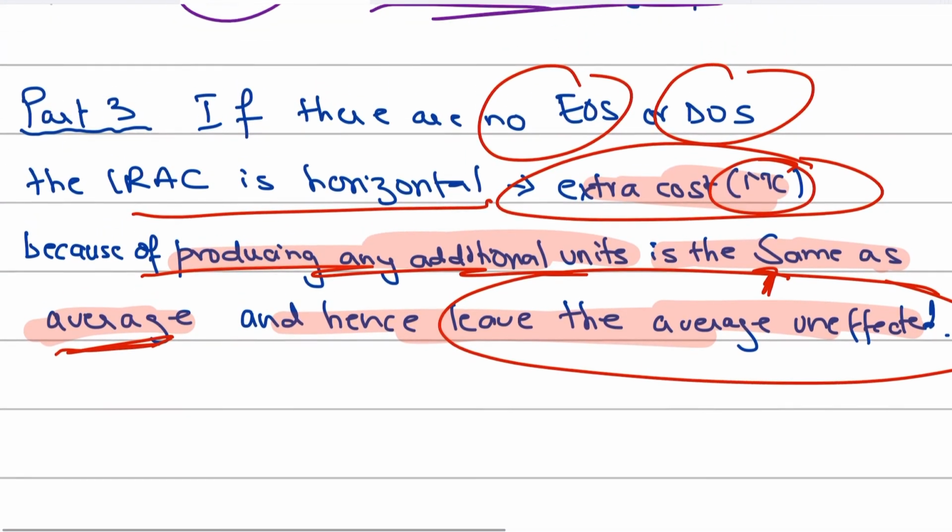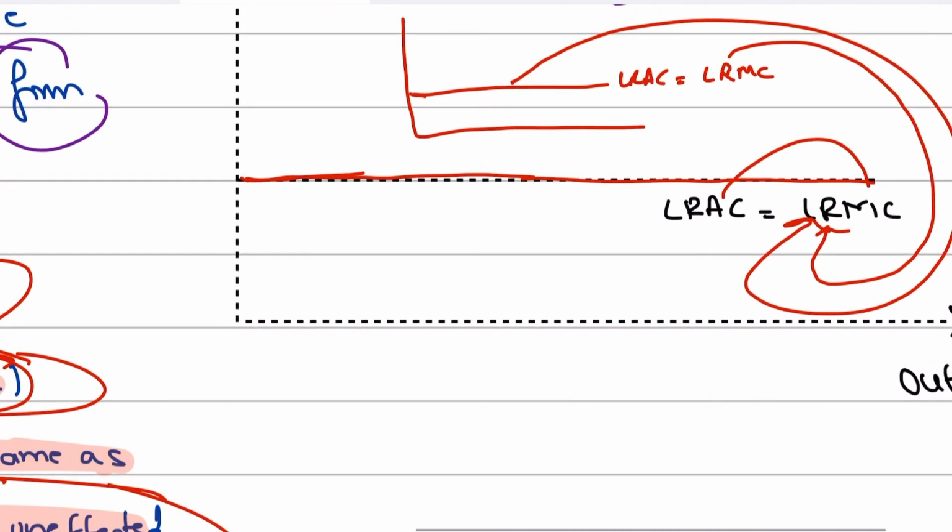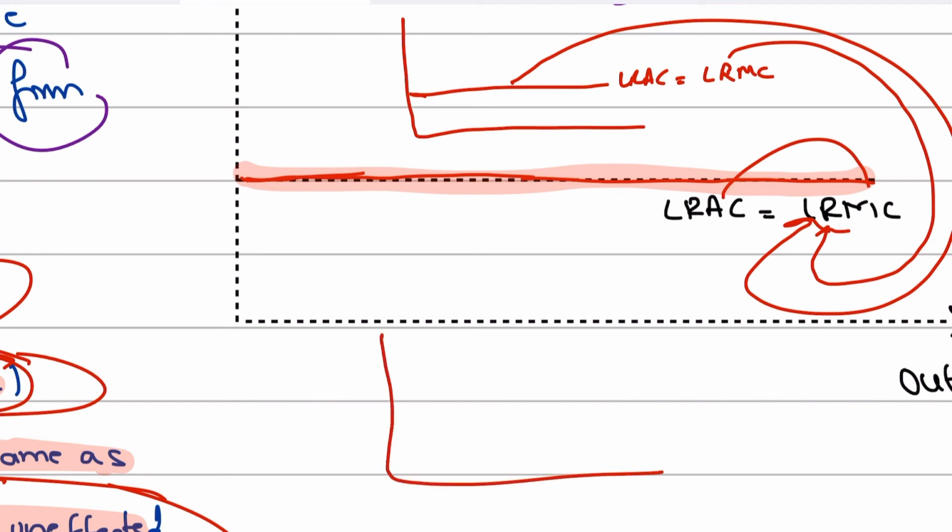So in that case, how will you represent the long run marginal cost curve? You will represent it by also a horizontal straight line. The reason why your LRAC is a horizontal line, the reason why the business experiences constant returns to scale, is that the average cost is neither going up nor falling.